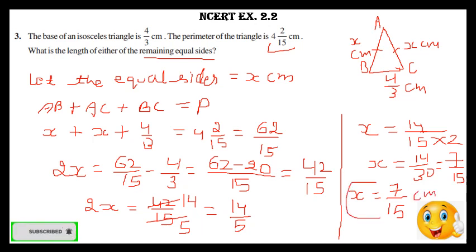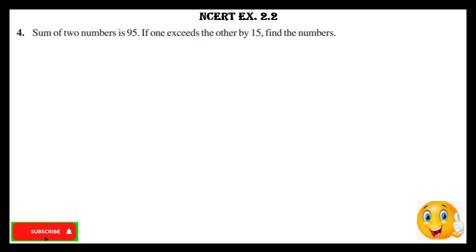I hope the answer is quite clear. Now we move on to the next question. Question number 4. The sum of two numbers is 95. One exceeds the other by 15. Find the numbers. We have two numbers where the sum of the two numbers is 95, and one exceeds the other by 15.